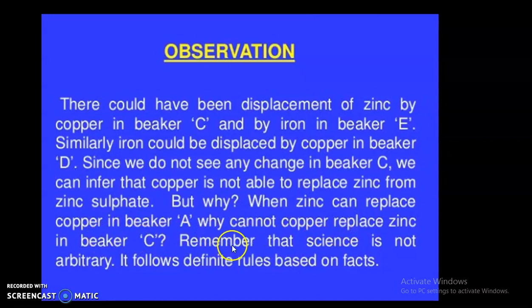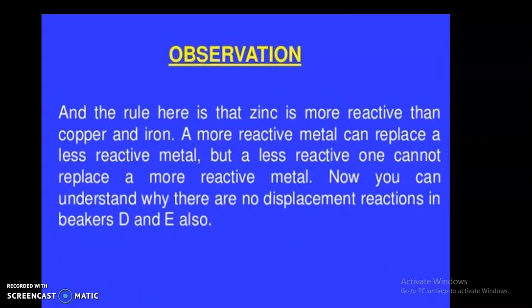This is why it happens: zinc can replace copper in its solution because zinc is more reactive than copper. But when there is a solution of zinc sulfate and we add copper, you are going to see no reaction because copper is less reactive than zinc. So this is how it works.